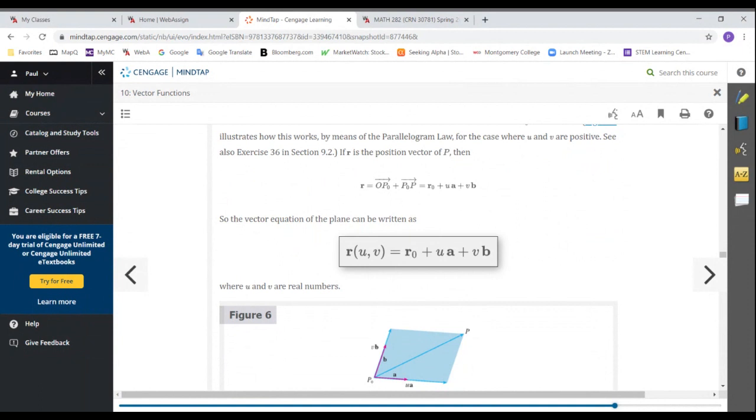And a and b, those vectors have to be in the plane. That's how you parameterize a parametric surface. If it's a plane, it's going to follow that form of that vector function of u and v. Okay. All right, so far, so good.